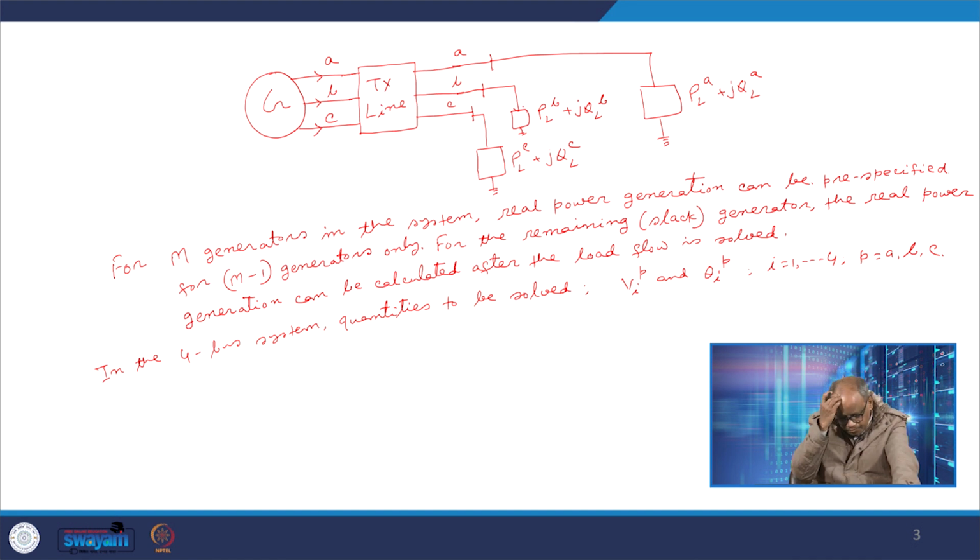For example, let us again come back to this very simple generation and load.